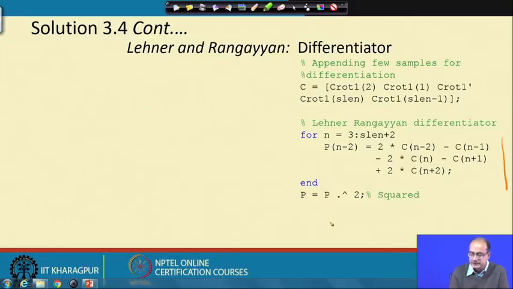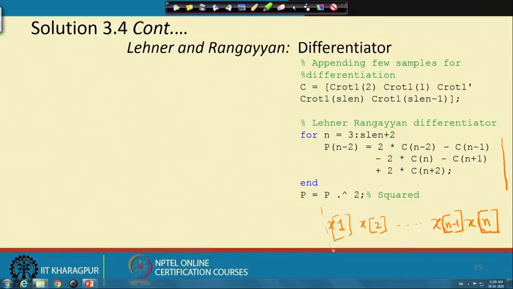Our signal is starting from say x 1, then x 2, going up to say x n minus 1 and x n. With that, we are using reflection to pad both ends.